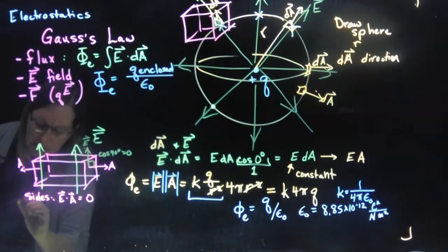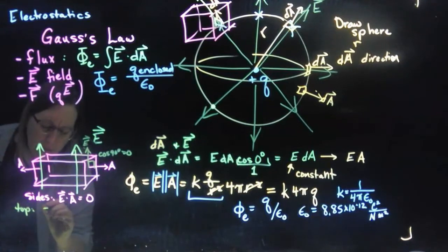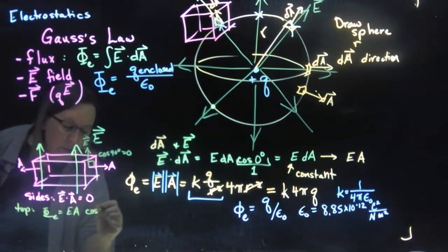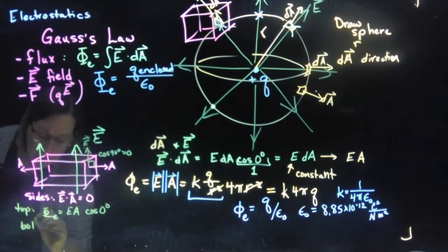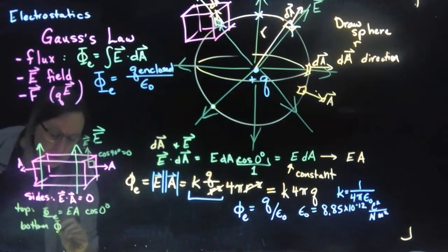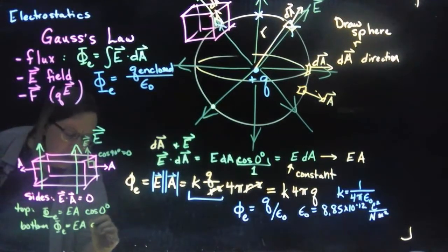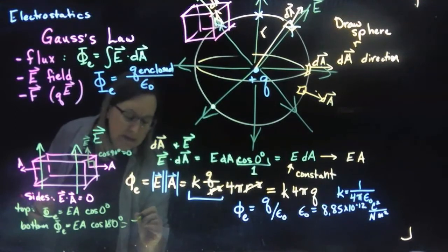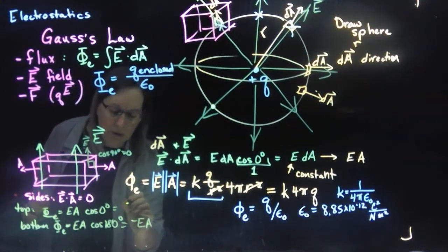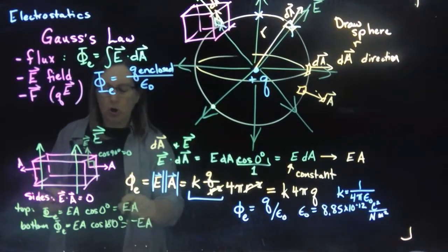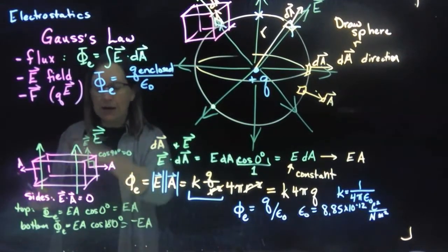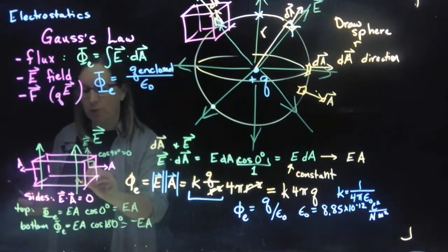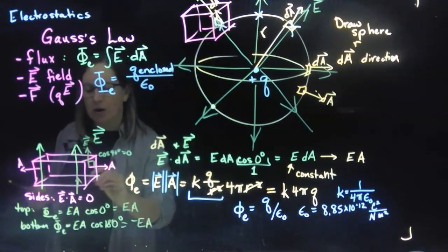But notice that at the top, the flux through the top is equal to E times A times cosine of 0 degrees. But at the bottom, flux is equal to E A cosine of 180 degrees, and cosine of 180 degrees is -1. Cosine of 0 is 1. So the flux through the top is equal in magnitude to the flux in the bottom, but that's negative because the electric field points this way and the area points this way.